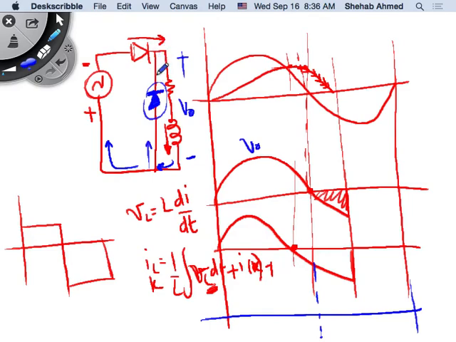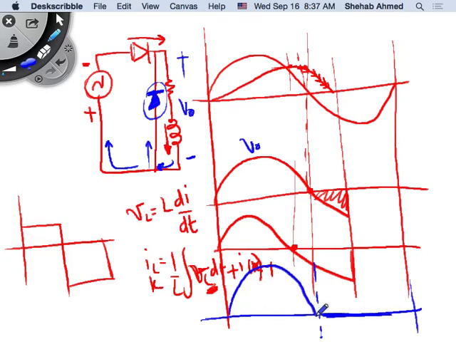So if there's a short circuit here, what is the voltage on the output? Zero. I mean, the voltage across a short circuit is zero. There's no voltage across it. So as soon as this diode turns on, the output voltage becomes zero.